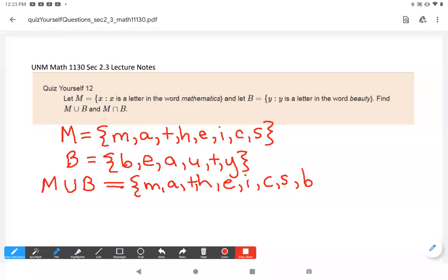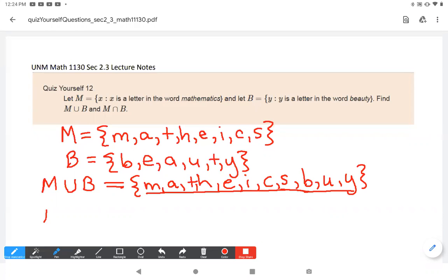We don't have to include repetition, so we already have an E, we already have an A, we already have a T. Here we have the elements from M and then the unique elements from B. So we eliminated repetition. And if we wanted, we could order this list, for example, in alphabetical order.